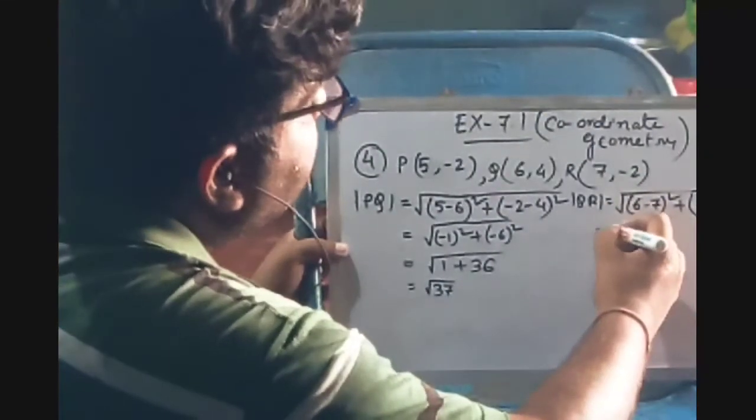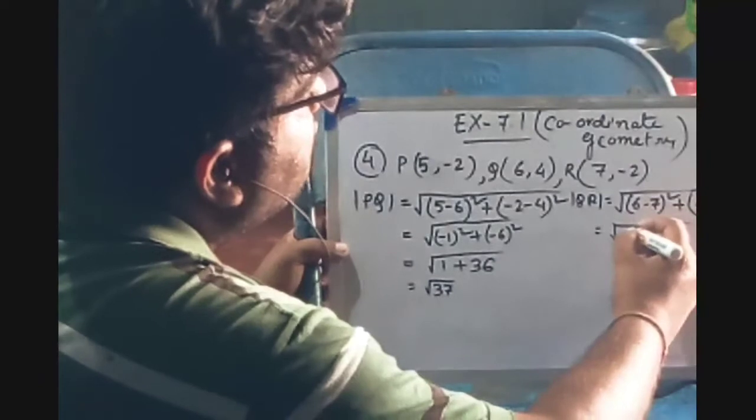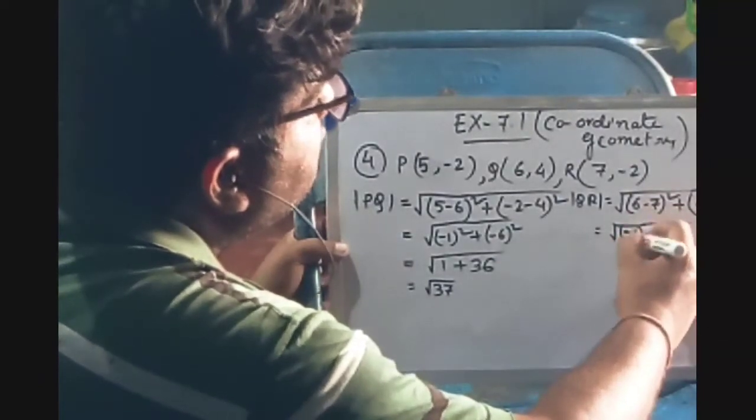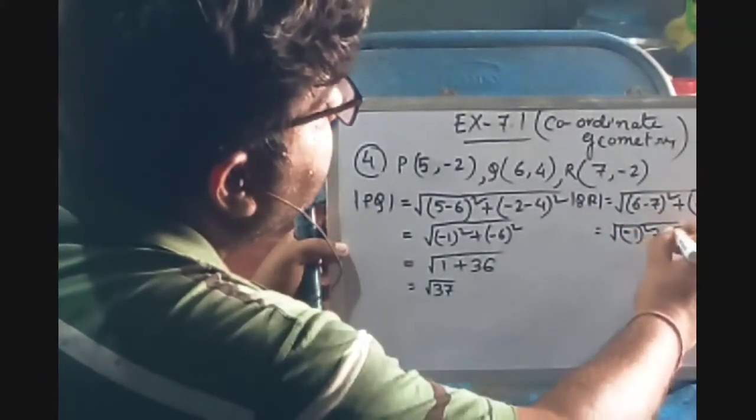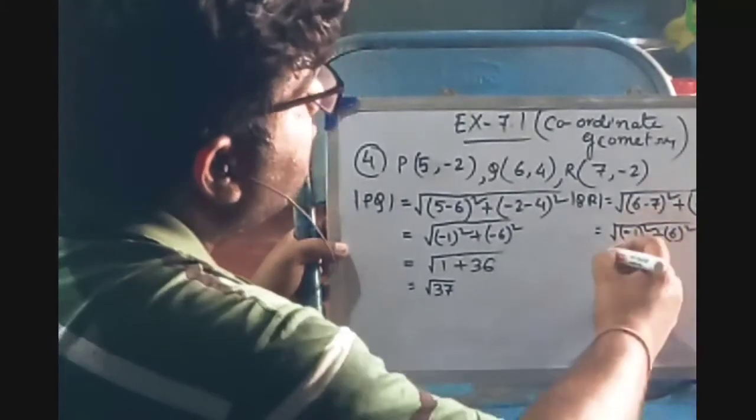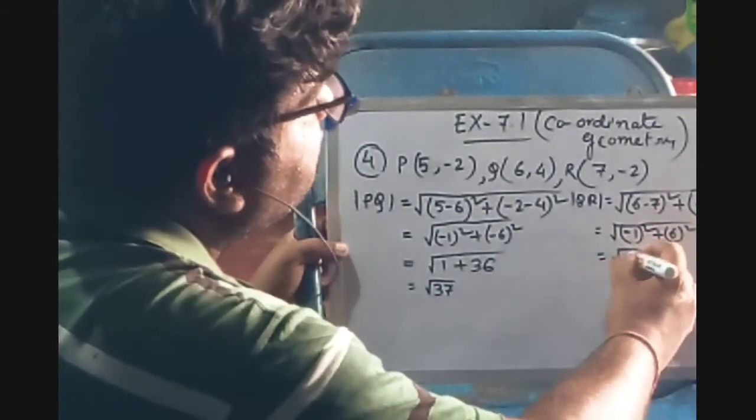Now 6 minus 7 means -1 whole square plus 6 whole square. That means root over of 37.